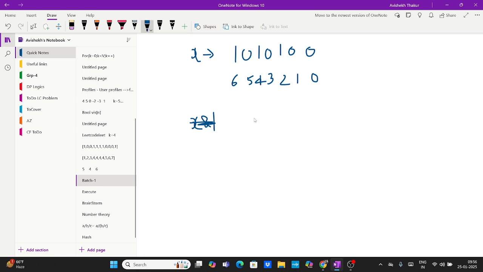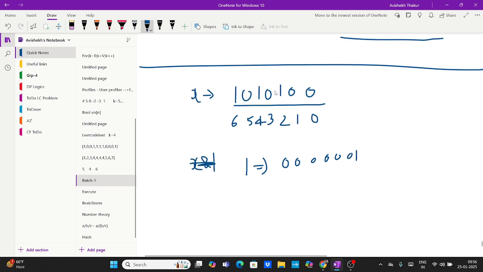Now what is our x? x is this number. Now what is one represented as? Can I say one is represented as a bunch of zeros and a one at the last? Will it be stored in our computer like this? Yes. Now which bit do we want to check? We want to check the fourth bit.